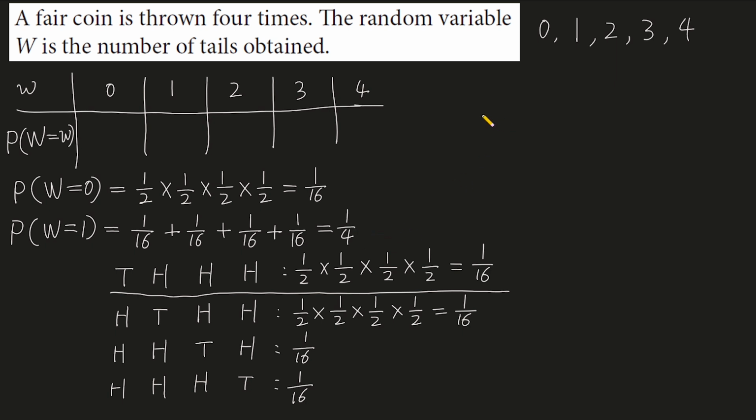We also can analyze this in another way. We can choose one term from the four terms. Finding the number of ways to choose some from a total is to use combination.